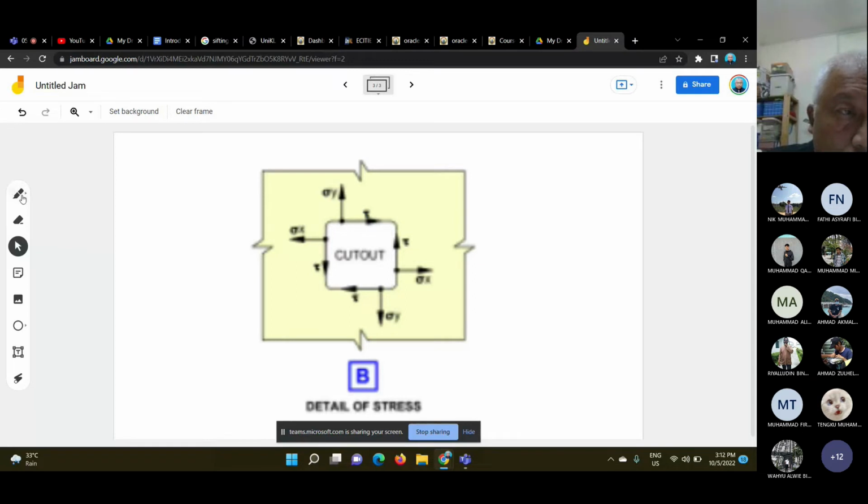The doubler that we design needs to handle the load here, the load here, and the load here.